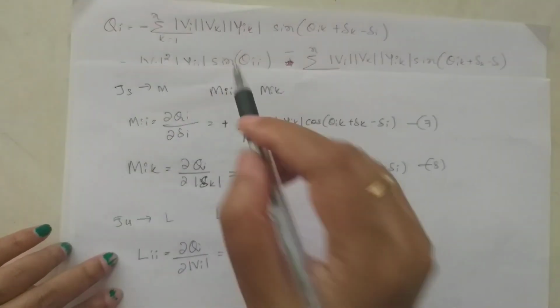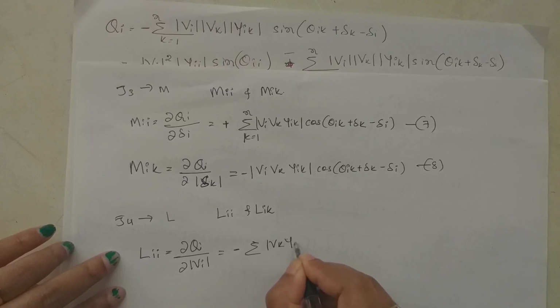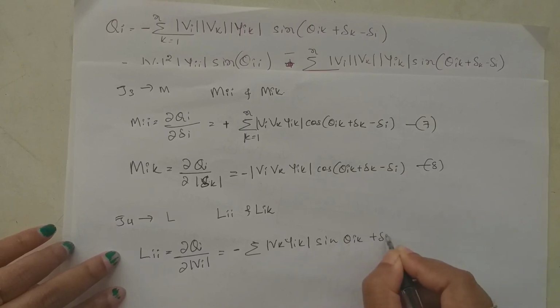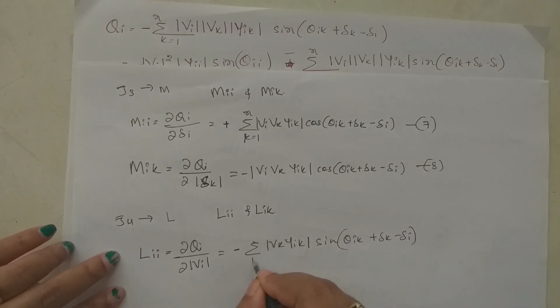Others you write as it is: minus summation Vk Yik sin(theta ik plus delta k minus delta i), where k varies from 1 to n.